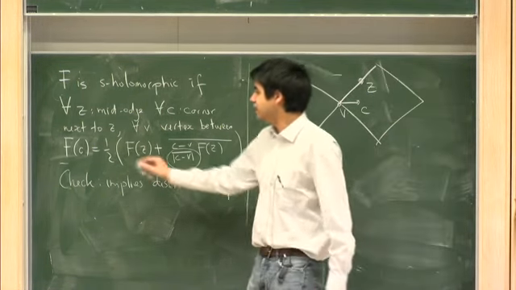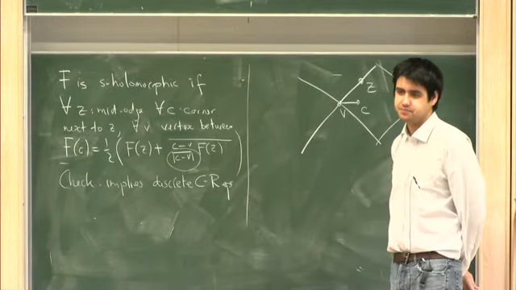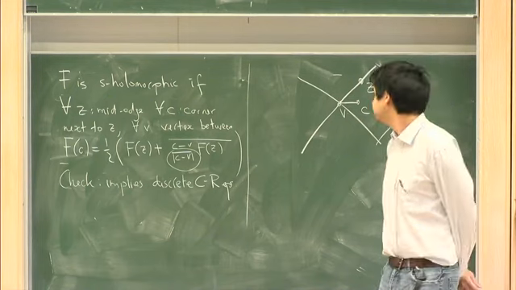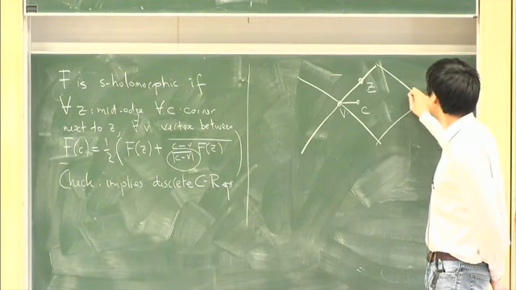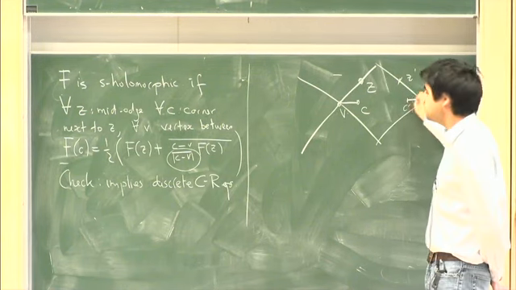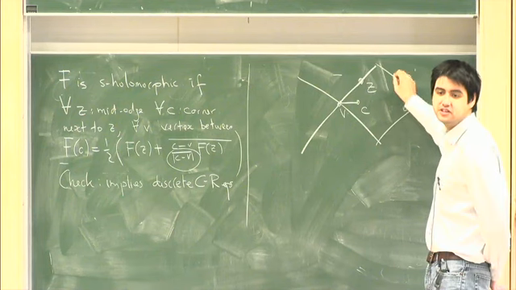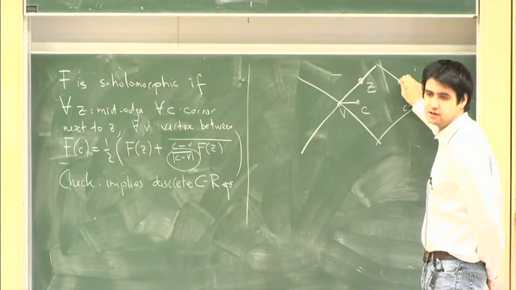So it means that f of C is just the real part of the value there. Now if your C is there, for instance, and your z is there, then actually the value here is the imaginary part of the value there.